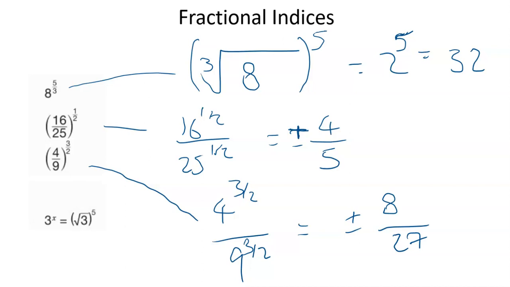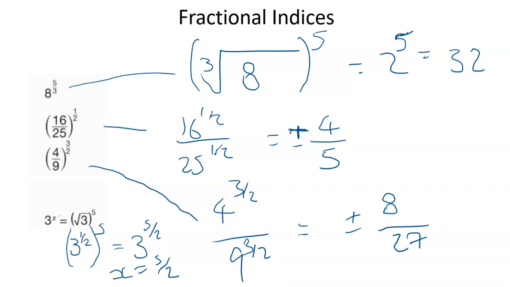Well, of course, the square root of 3 is going to be 3 to the half. And when you raise something to a power and then to another power, you times them together. So this is just going to be the same as 3 to the 5 over 2, which makes the x value: 3 to the power of x is 3 to the power of 5 over 2. It must mean that x equals 5 over 2.